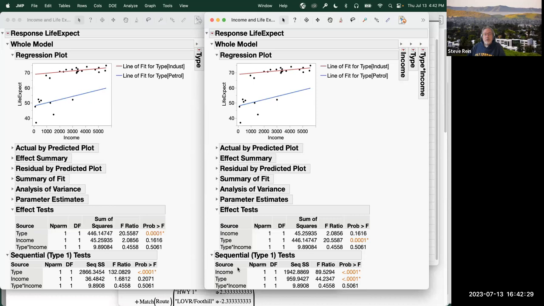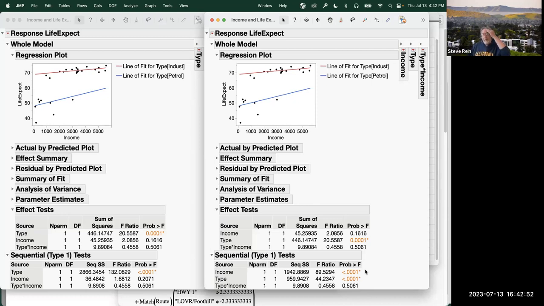There's a lot to be learned by comparing these two here. Really, if we put in country type first, you say income just doesn't seem to matter, and neither does the interaction. If you had income in first, income does seem to matter, and it's because the income is higher in one type of country than in the other.